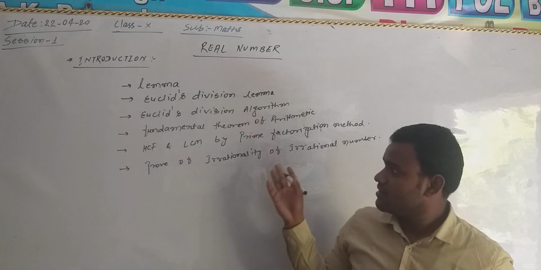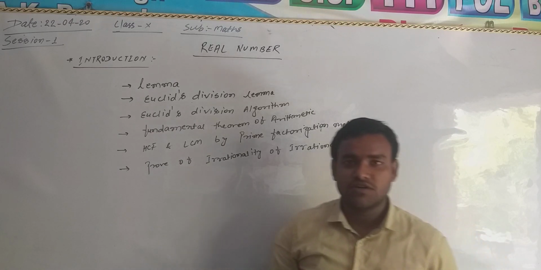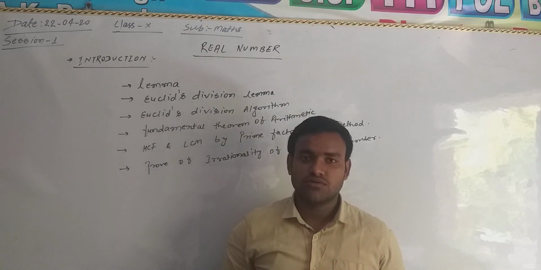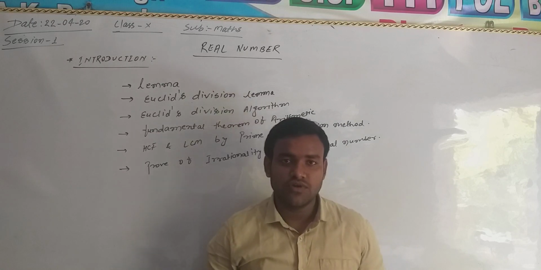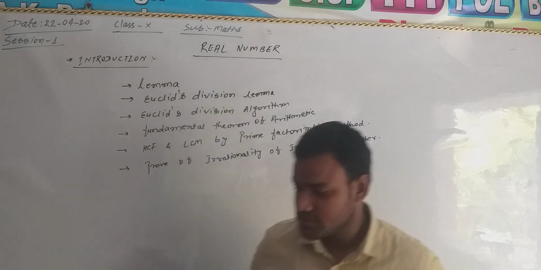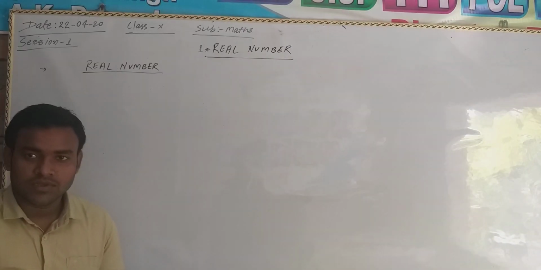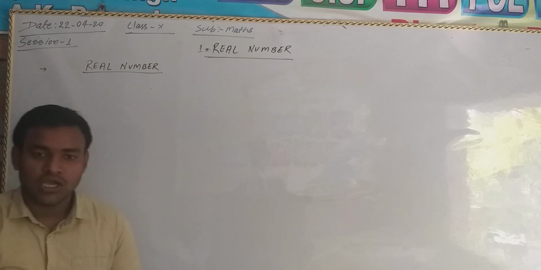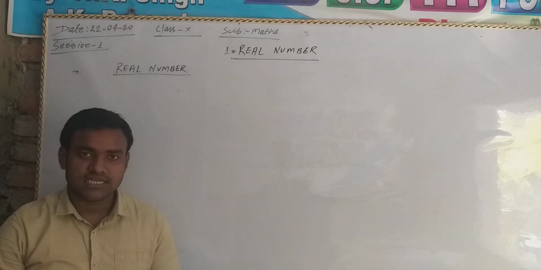I will discuss each topic line by line, but firstly I want to introduce what a real number is, which you have studied in your earlier classes. You all know that all numbers which really exist are real numbers.